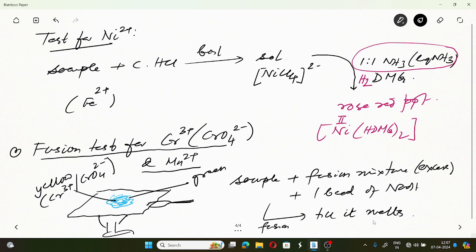It is converted to manganate, that means MnO4 2 minus. So Mn2 plus is confirmed. This fusion test is done just by looking at this much. But if you look at the fusion test, there is a further procedure, you can look that up. But you can confirm it this way, by looking at the color directly.